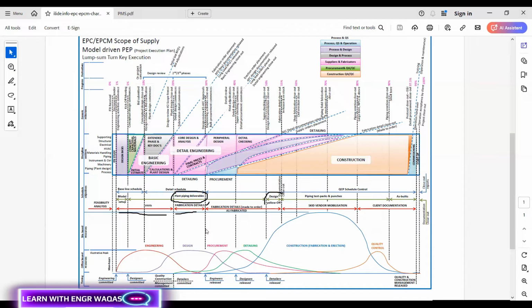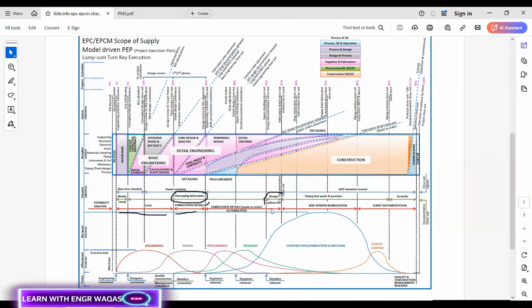So fabrication details deals with the drawings and specs used to create customized components. And there is then a QCP schedule. This QCP schedule is actually dealing with your project timeline for quality assurance activities to ensure that each component meets industry standards and the things which are mentioned as per project requirements.